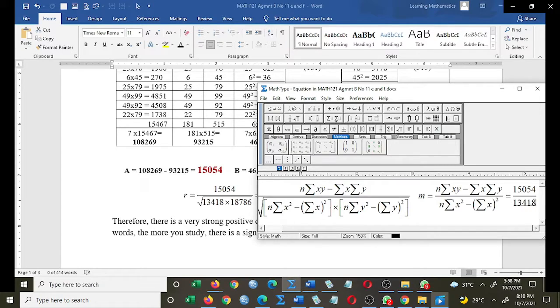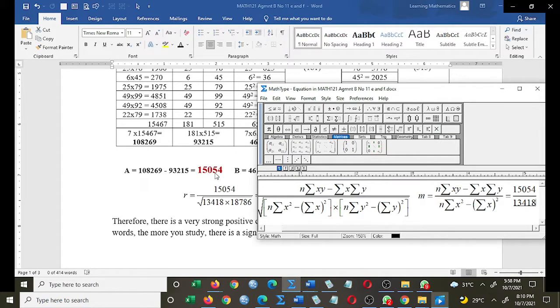13418. So this is why in any question I structure, a linear regression question will come right after a product moment. I will not give you a new set of values to recalculate all of that. You will go back to your product moment results and transfer the two numbers you need to calculate the gradient. I will not make you recalculate that again. It's pointless, so bear that in mind.